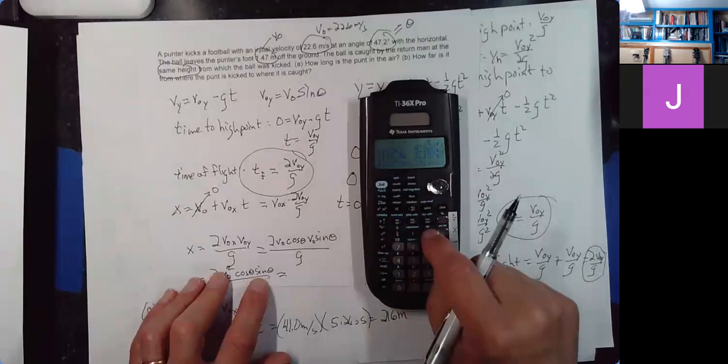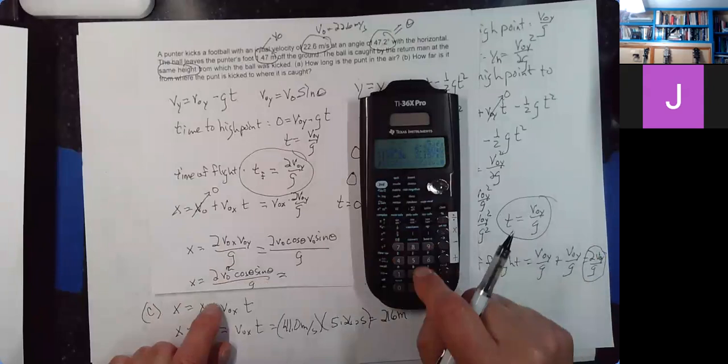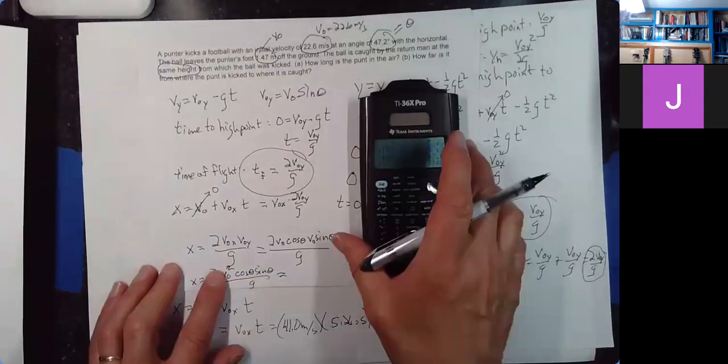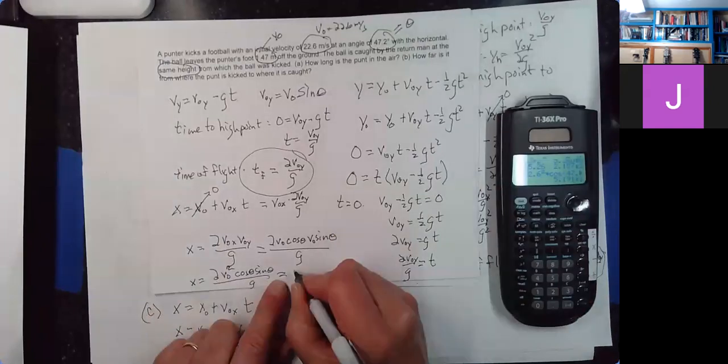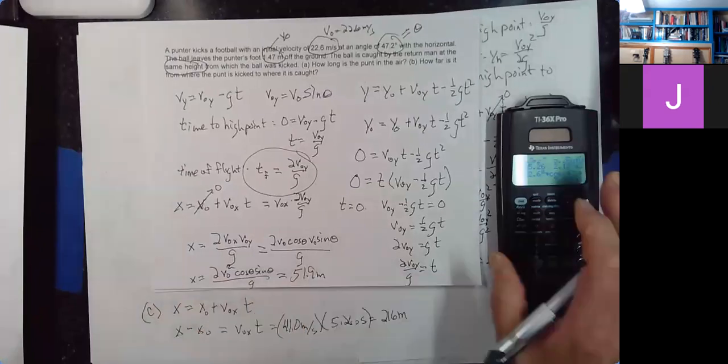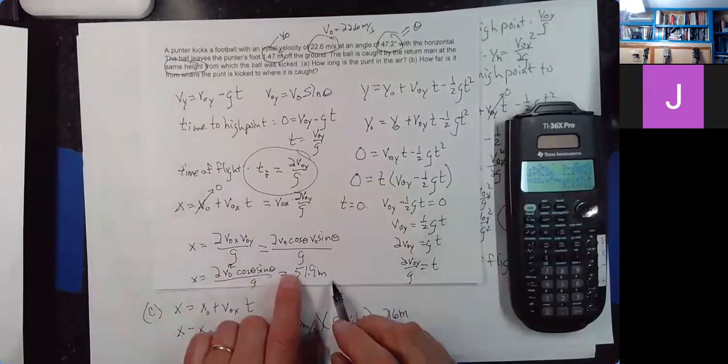And I just divide by g, 9.81. How far does it go? It looks like 51.9 meters. That's a pretty good punt, actually.